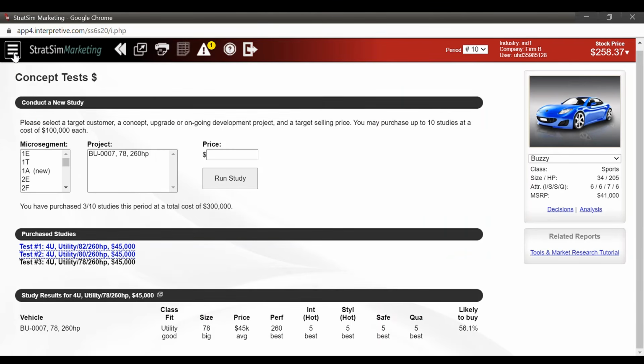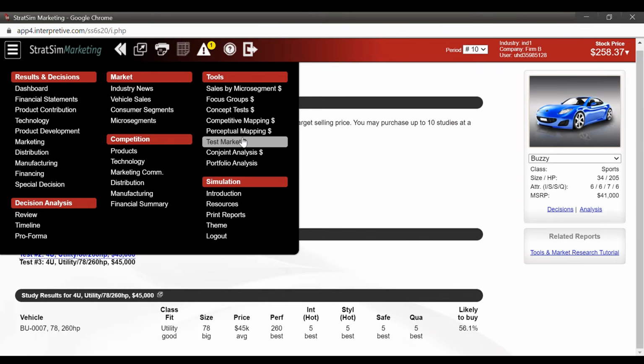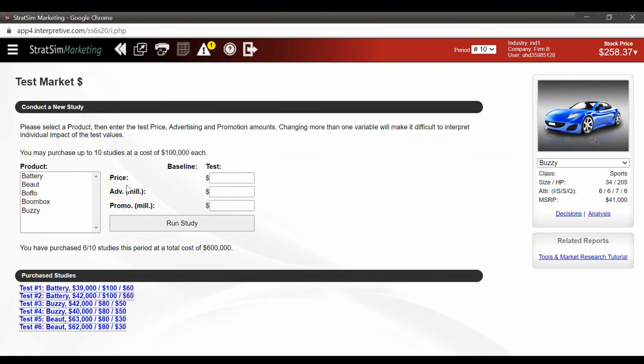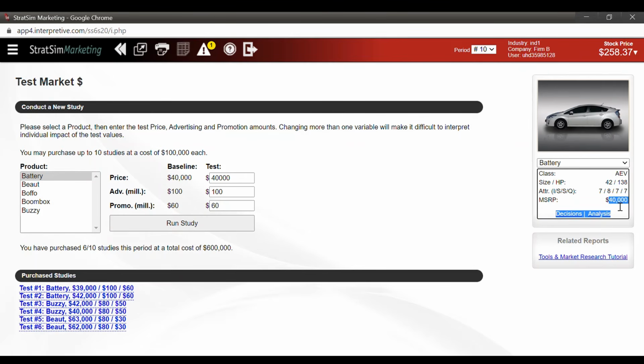Now, moving on to the next one, test market. The best thing to use test market for is the price, the price that you want to sell the vehicle at, the MSRP. So, for example, on the AEV, the battery, its MSRP is 40,000.